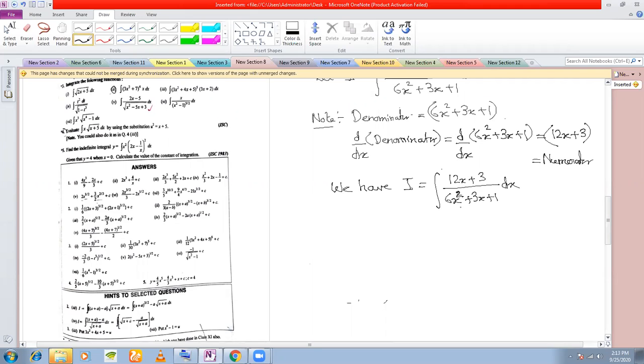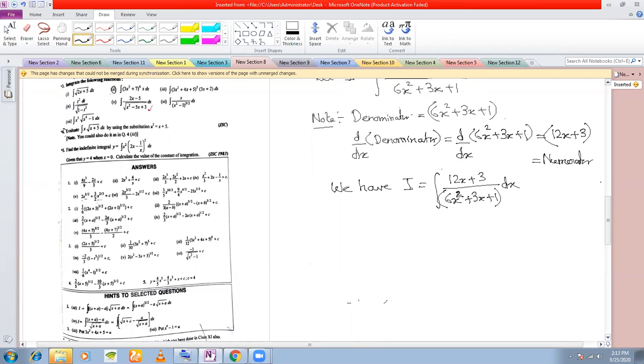If you see, what is the power of the denominator? 2. The highest power of the denominator is 2. And what is the highest power of the numerator? It is 1. Whenever you see that the highest power of the numerator and the denominator differ by 1, that is, the numerator is of a lesser degree than the denominator by only 1, then your next task will be to see, if I differentiate the denominator, what will I get?